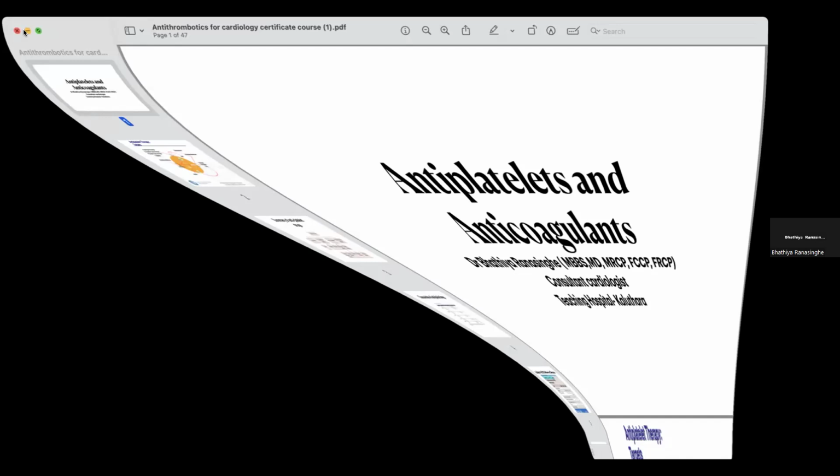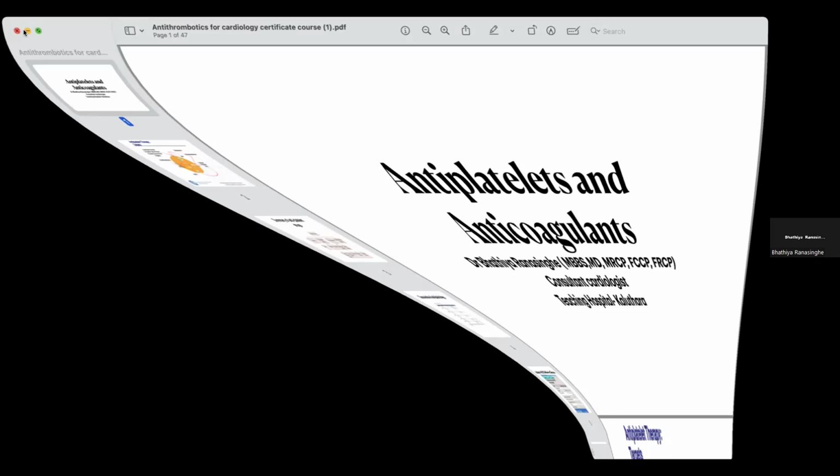They act on ADP receptors. And then there are several GP2B/3A inhibitors like abciximab. They act on a different receptor. Likewise, you have different receptors and also pathways where the antiplatelets act on platelets. So we have to have an understanding of how they act.